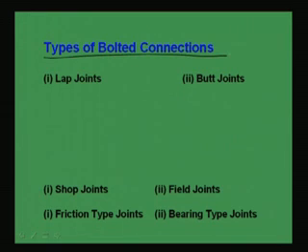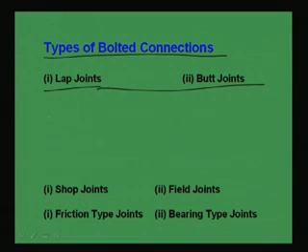What are the types of connections through bolting that we use? One is that we can connect as a lap joint or as a butt joint. This is one important connection which we do through bolting. How does it look in case of a lap joint or butt joint? Let us see.